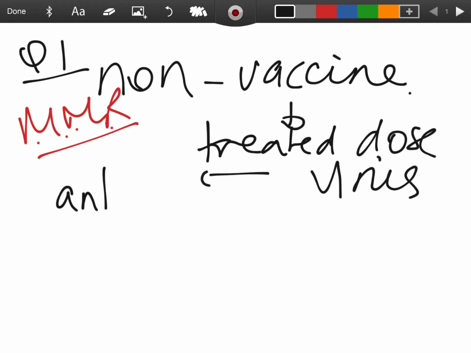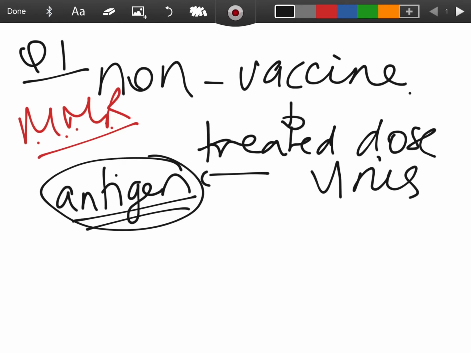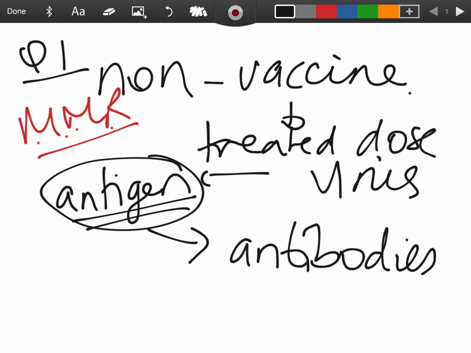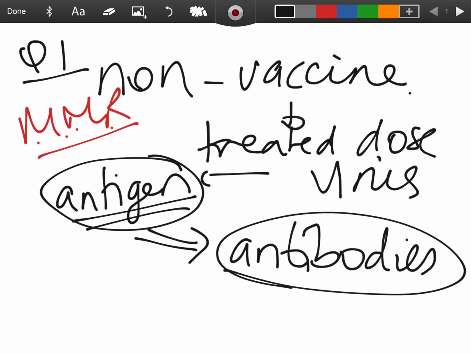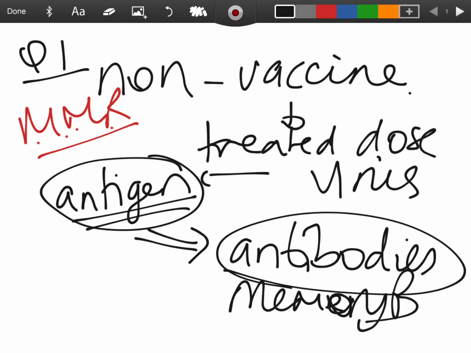But what it does do is it introduces the antigen to your body. So your body now can recognize this foreign antigen, and your B lymphocytes will start to make antibodies. Now that reaction takes a few days, but you've got antibodies now, and you also, of course, have memory B lymphocytes that will stay in your body, in your lymph system, in your blood plasma, and they go on patrol, if you like.